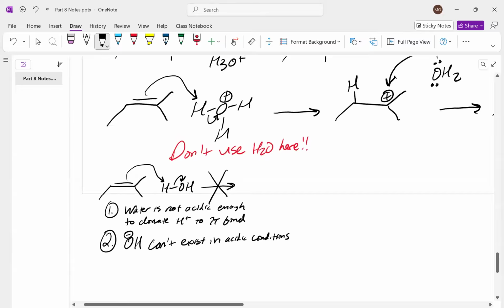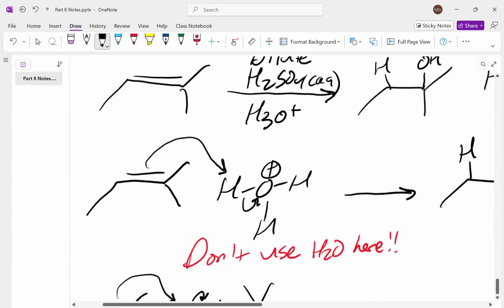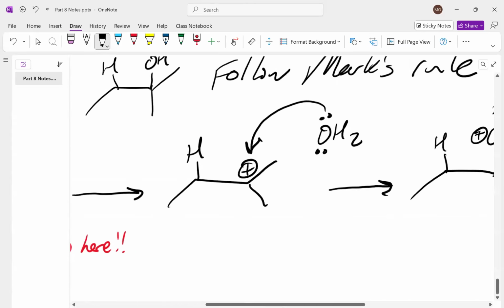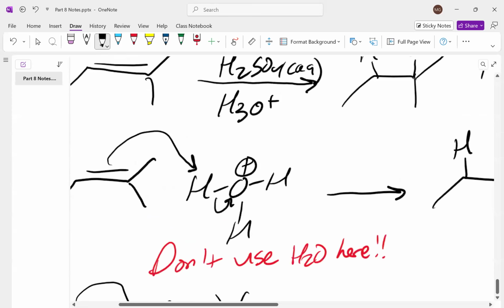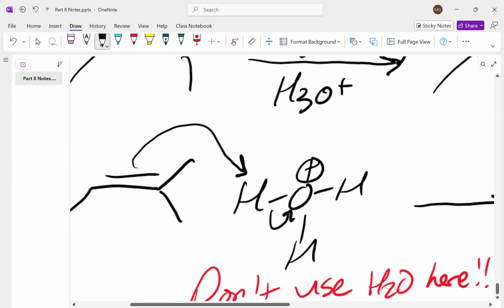So if you were to draw this mechanism by starting off with water in this first step, you're going to get points taken off. If you show OH minus attacking this carbocation, you're going to get points taken off because OH minus cannot exist when you do these reactions in acidic conditions. Okay, so that's why the first step always uses hydronium.